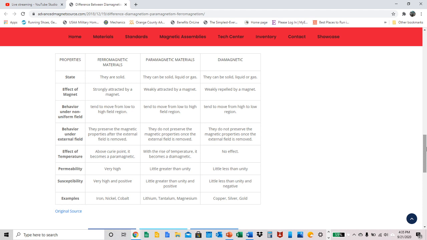So here you see it has a list of properties, and across the top we're talking about ferromagnetic materials, paramagnetic materials, and diamagnetic materials.